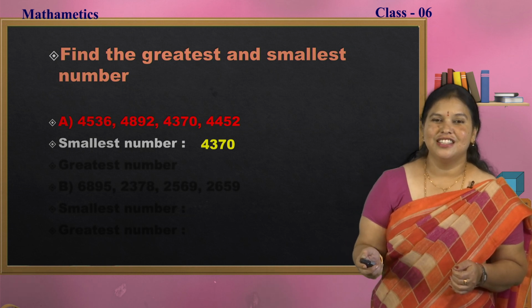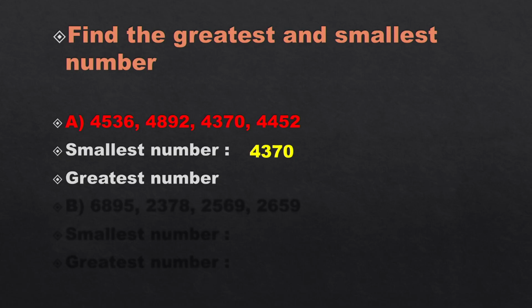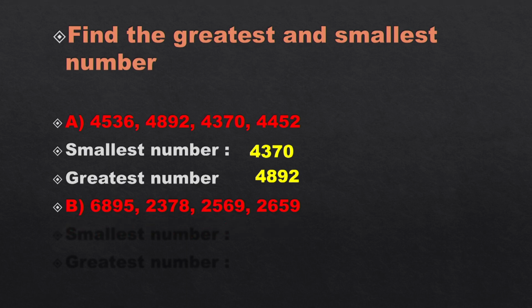Next, we will see the greatest number. Which one is the greatest number? Yes, it is 4892. Well done children. So, we will take up the next example. Here I have given four numbers, that is 6895, 2378, 2569 and 2659.